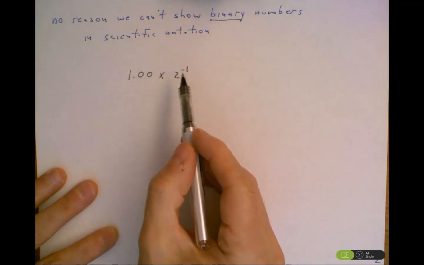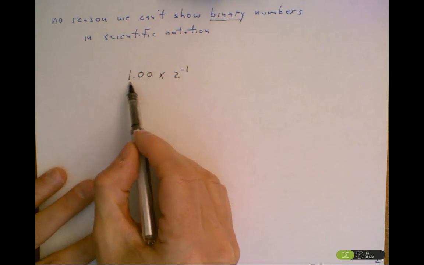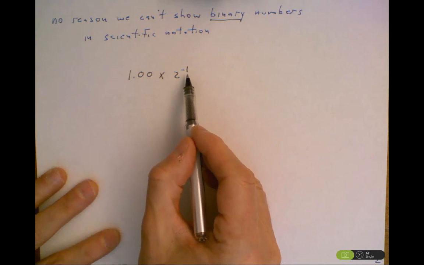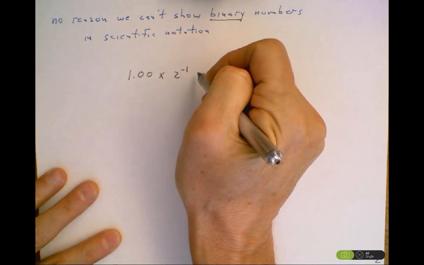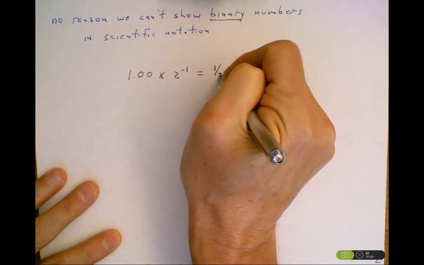Right? The base is now base 2, and we're restricted to zeros and ones over here in the significand. Usually I'm going to write this exponent in decimal, however, again, a little bit of confusing issue there, but that's probably what I'm going to do. So what is this value? Well, I think that's 1/2, right?